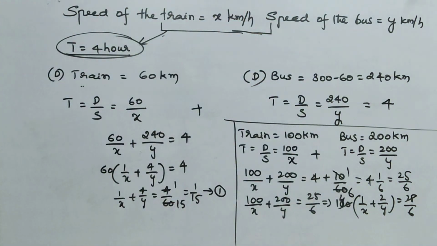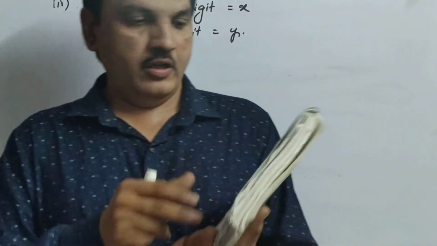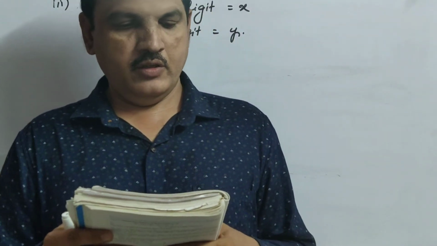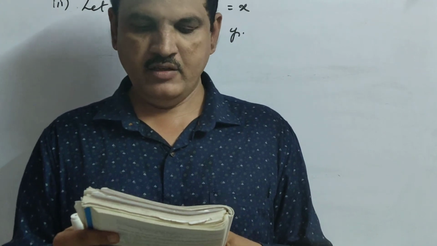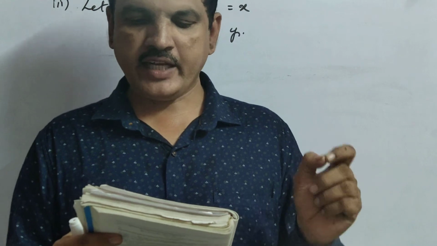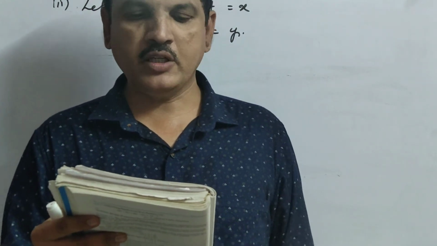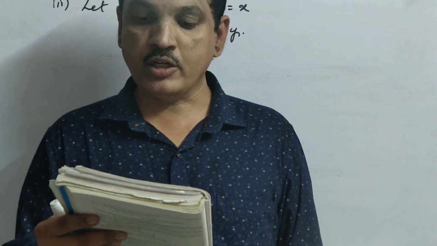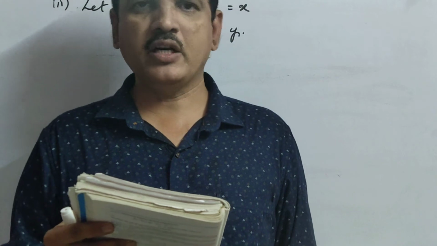Okay children, listen very carefully. The sum of the digits of a 2-digit number is 9. Also 9 times this number is twice the number obtained by reversing the order of the digits. Find the number.